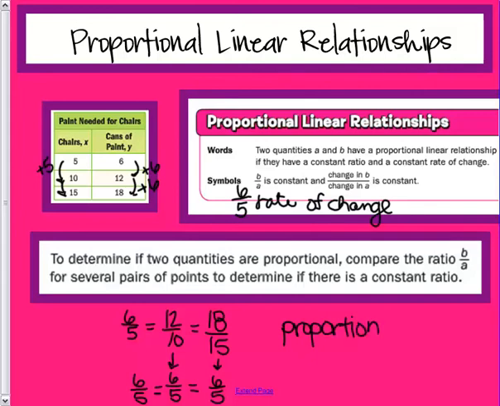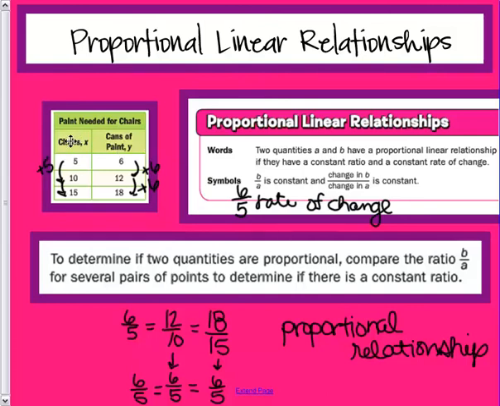Another thing that you need to do is make sure that it passes through the point of origin. Okay, so what we need to do is think, if I went backwards, what would be the starting point?